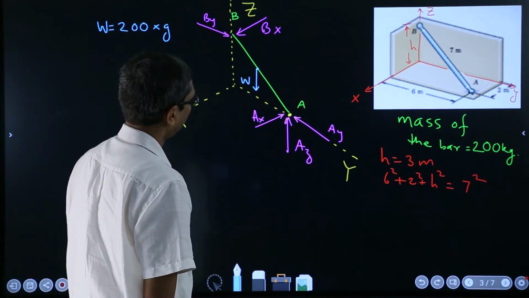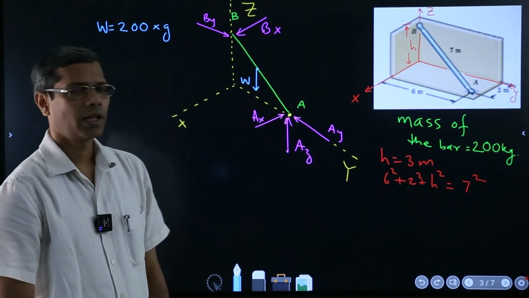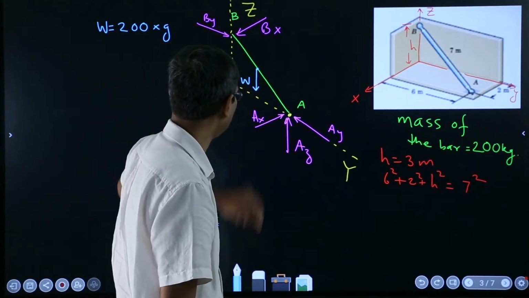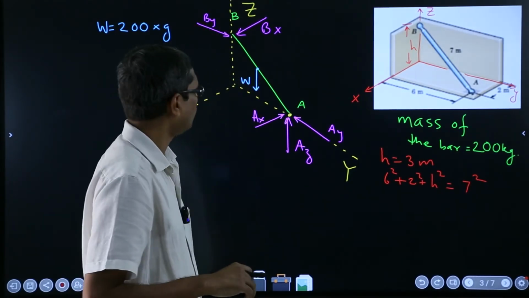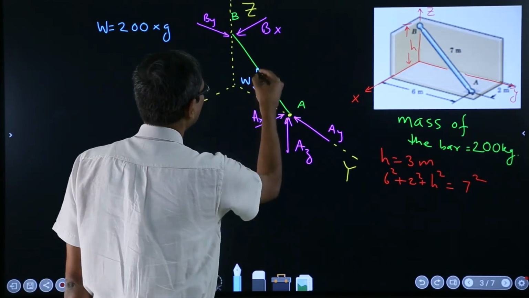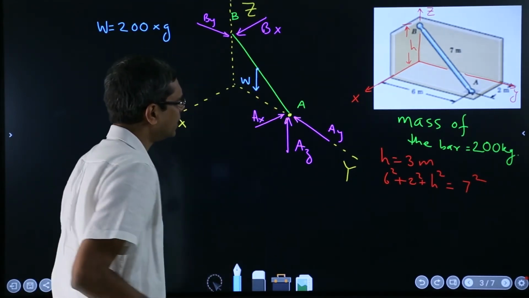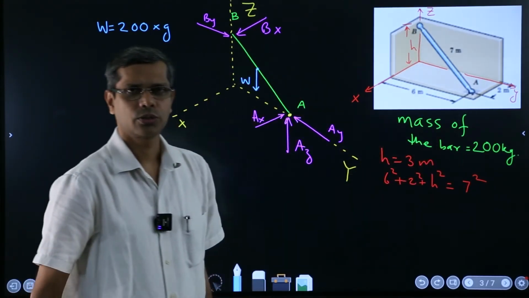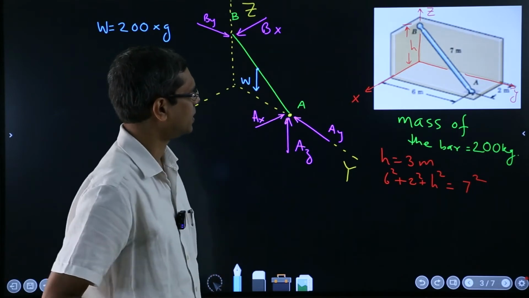Great. Then what? This is a known thing, so we have to figure out what these forces are. One very important point which needs to be observed is that it's a uniform bar, so its CG will be at the center.